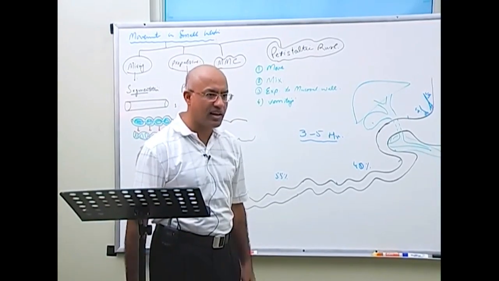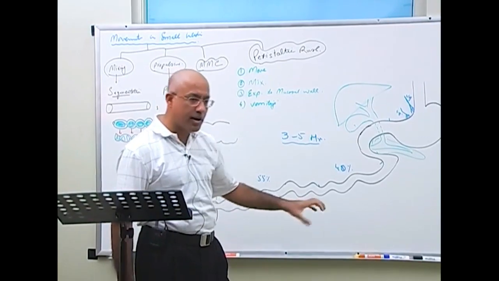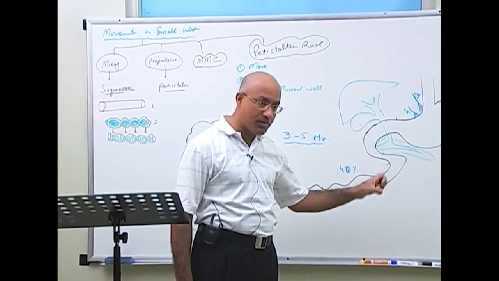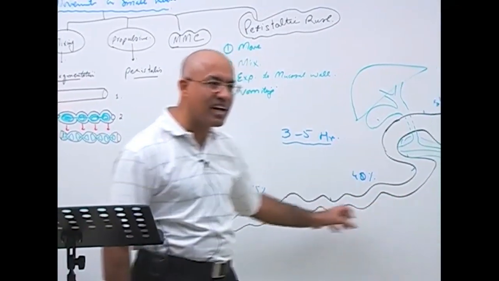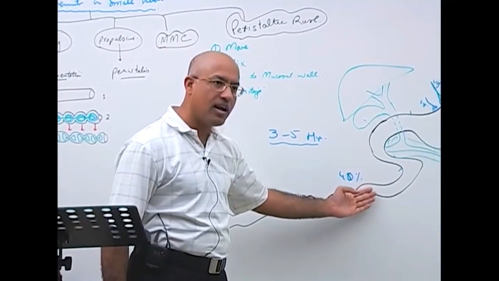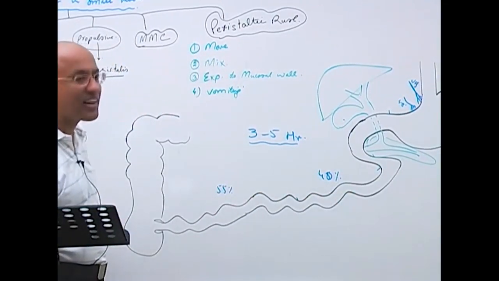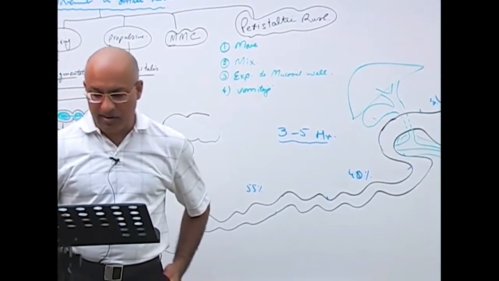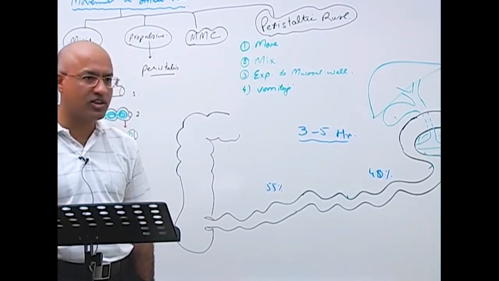But if the small intestine is irritated too much or is distended too much and it wants to relieve itself, it will produce very powerful and very rapidly moving multiple peristalses, which will rapidly move the contents of the small gut into the large gut. Is that right? A classical example of this is infectious diarrhea.